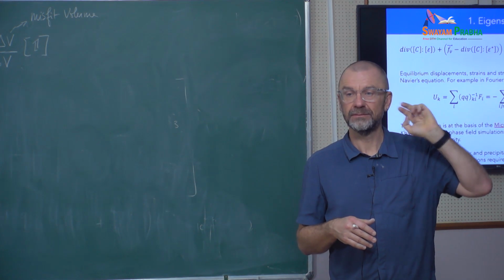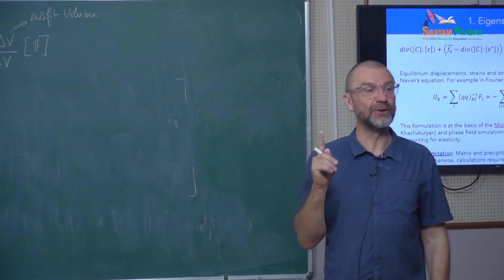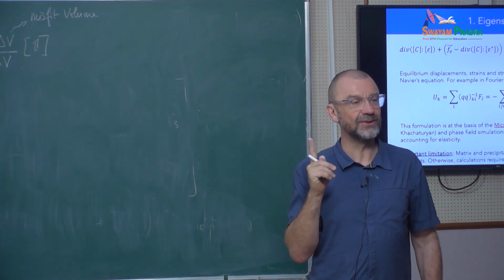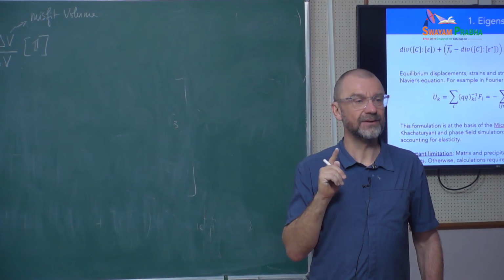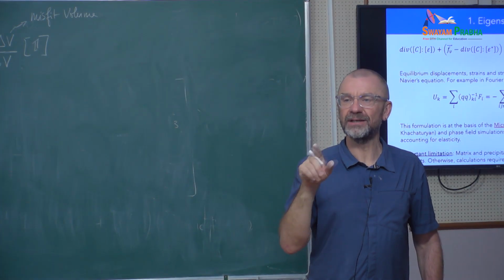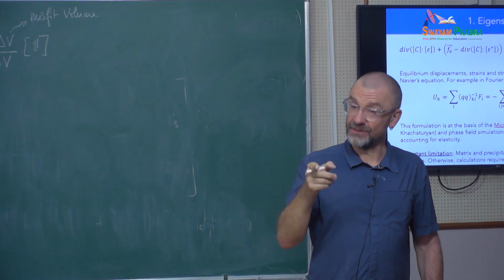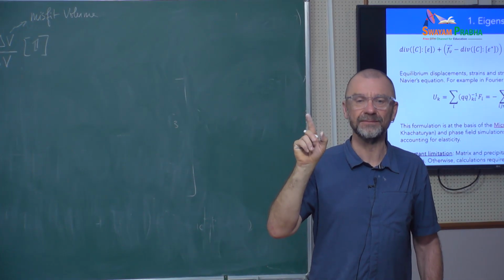Other zero-dimensional defects, also interstitials. You can model interstitials with that. Some of you on day one modeled a self-interstitial in an FCC crystal. But what happens with the interstitial in the FCC crystal?